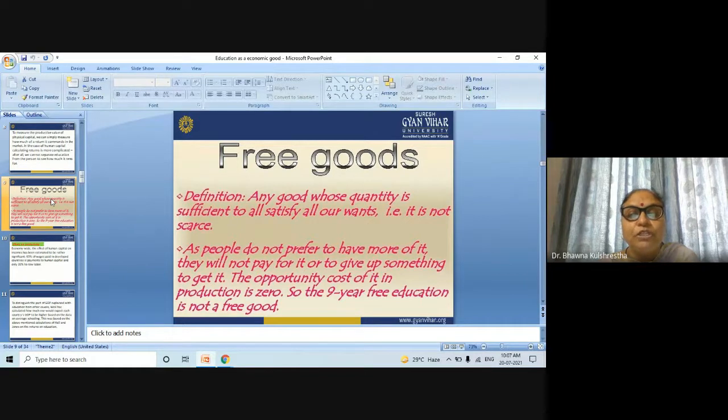They will not pay for it or give up something to get it. The opportunity cost of it in production is zero. So, the 9-year free education is not a free good.